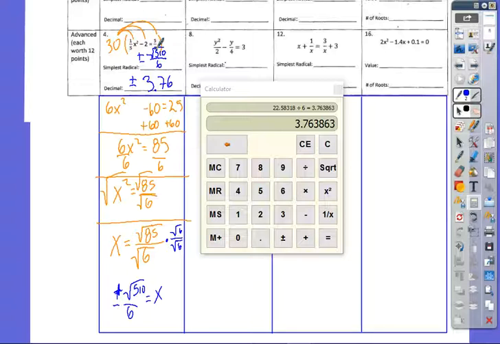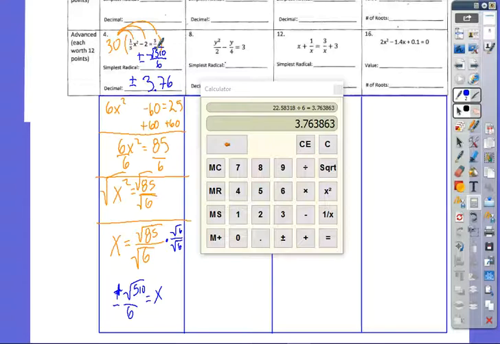I would feel far more comfortable if I were able to multiply everything by a number that would eliminate the denominator. So I asked the class, what number does 6 and 5 both go into? And that way, when I multiply everything by 30, the 6ths and the 5ths will be whole numbers.